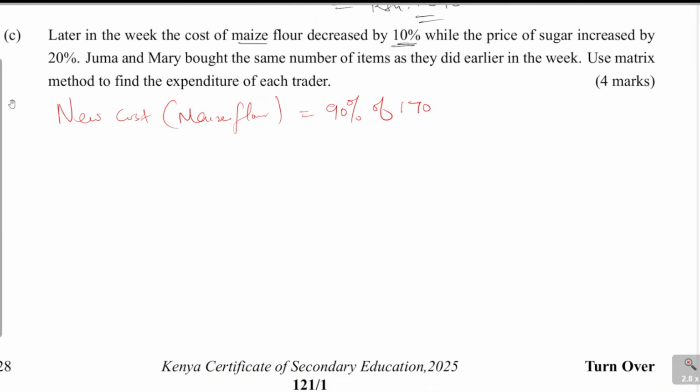So 90% of 170, the new price will be 153. Then the new cost of sugar, this one increases by 20%. So it is 100 plus 20, that will be 120% of 210, the original cost of 1 kg of sugar. This one gives 252.